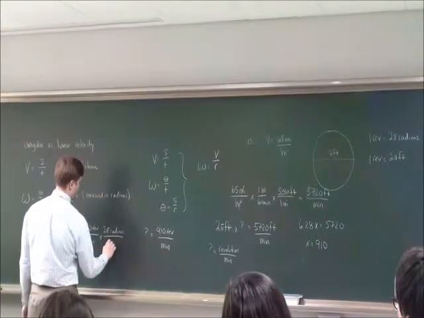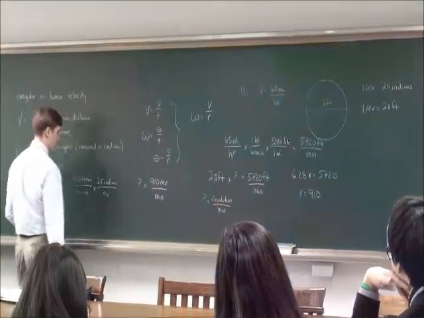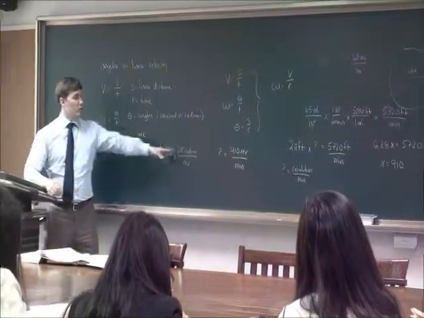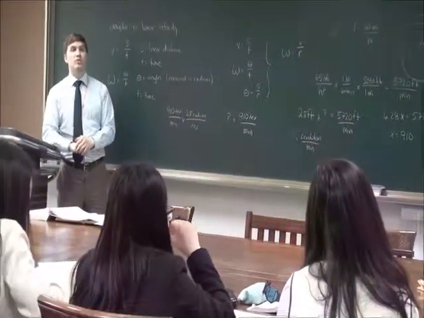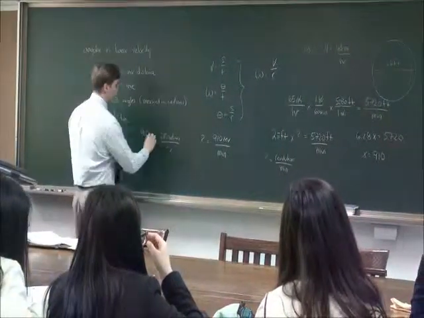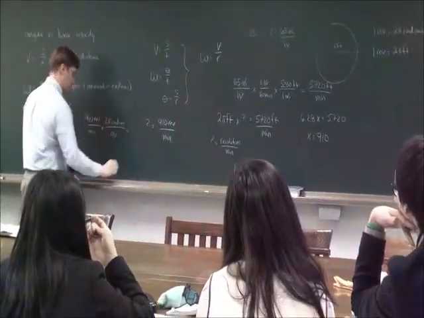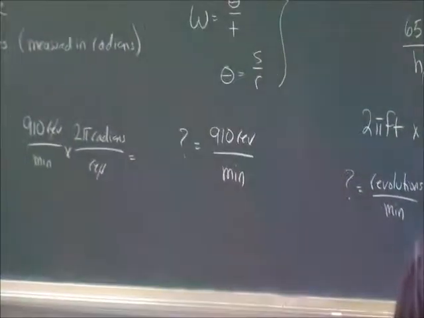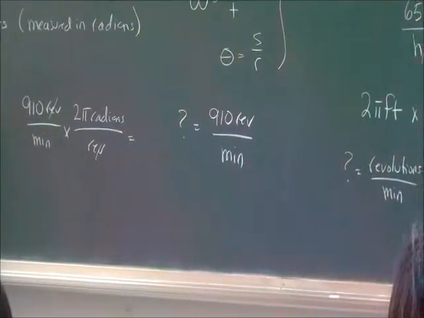Every one revolution, I have 2 pi radians, do 910 of those, so I will come up with an angular velocity of 910 times 6.28.